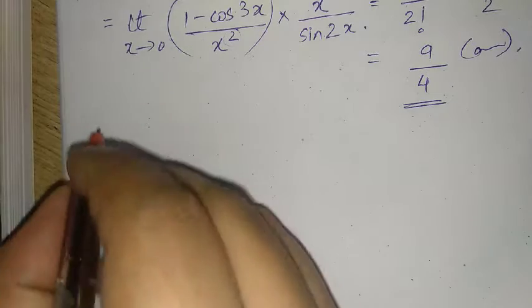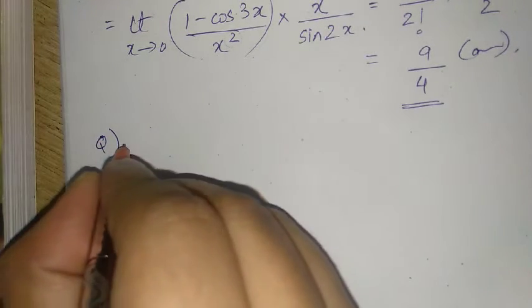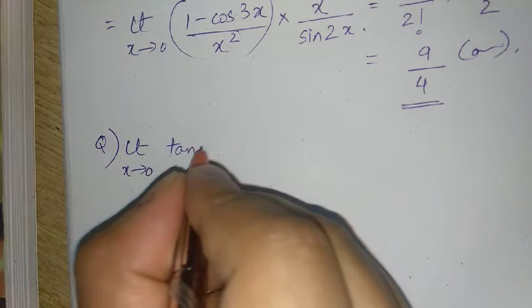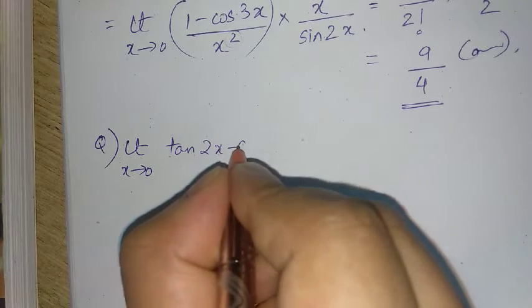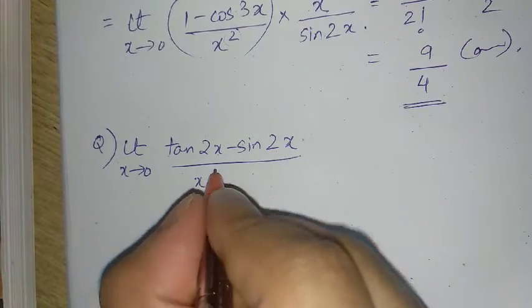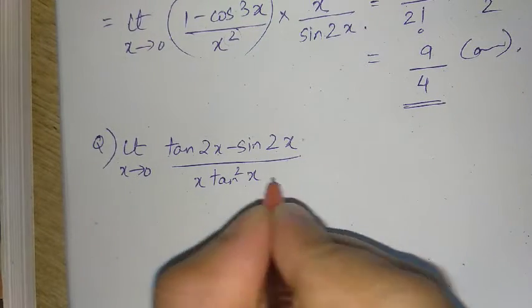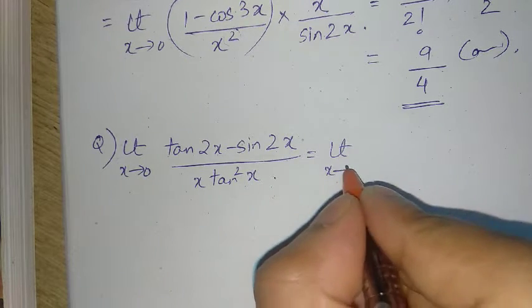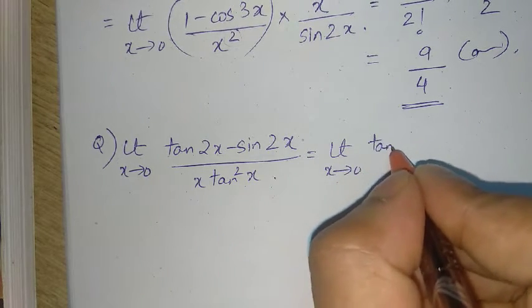Okay, so the next question is limit x tends to 0 of tan 2x minus sin 2x divided by x tan square x. To solve this question, we have to take tan 2x common.